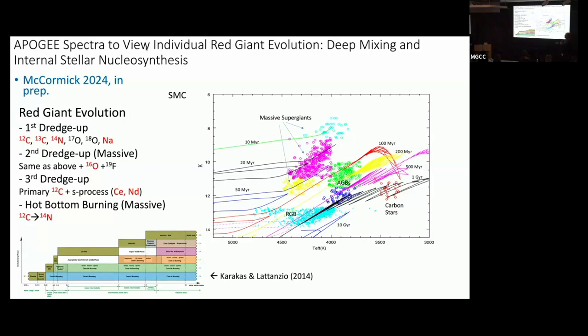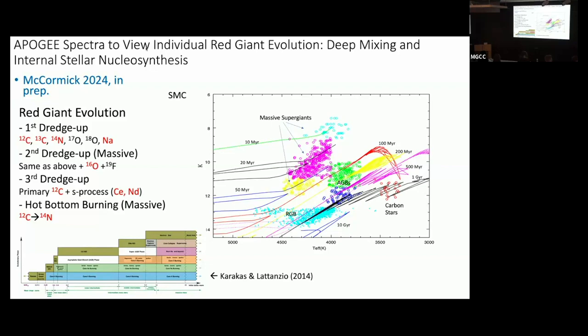These are the isotopes that will be most heavily affected during first dredge up. And I've colored in red the ones that APOGEE can measure. And so you can use this data set to look at things like carbon-12, carbon-13, nitrogen-14, sodium, which is modified in the more massive stars during first dredge up. The minor oxygen isotopes are also modified, but APOGEE can't really do a good job of measuring those.